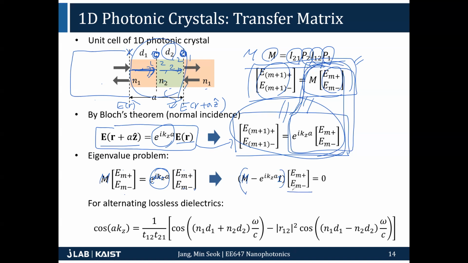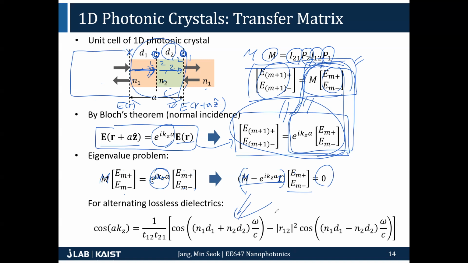So in order to have a non-trivial solution, the trivial solution is of course both E are 0, then this is 0. In order to have a non-trivial solution, the determinant of this equation has to be 0, right? And from that, we can get this relation, okay?